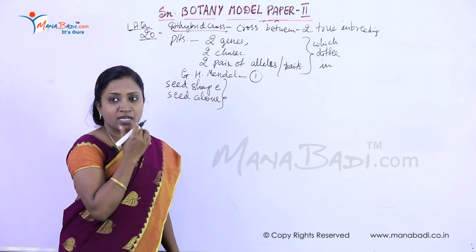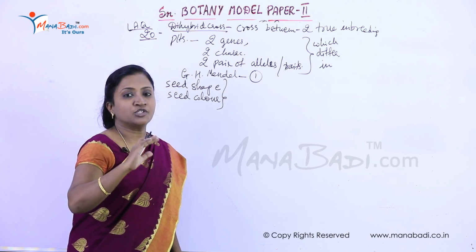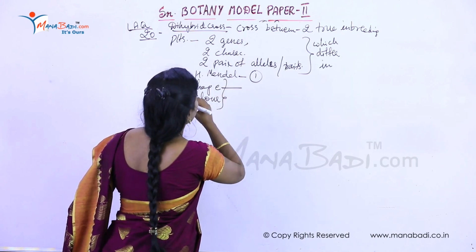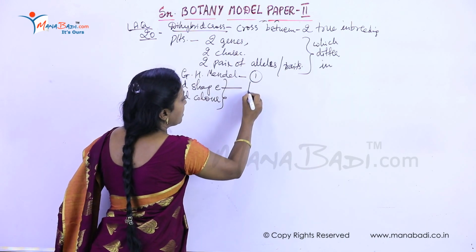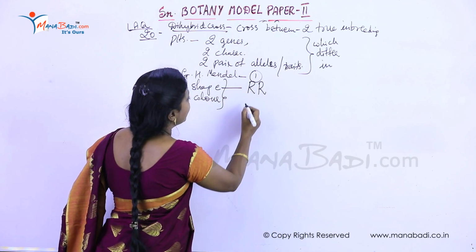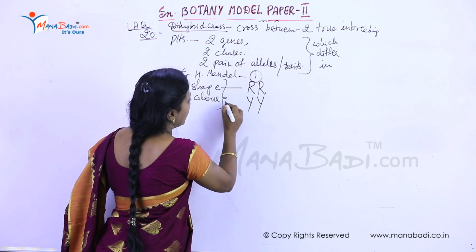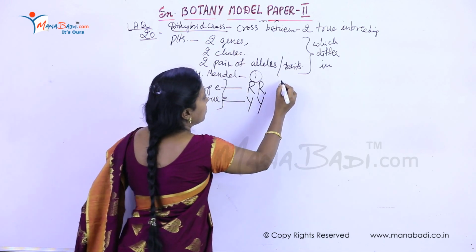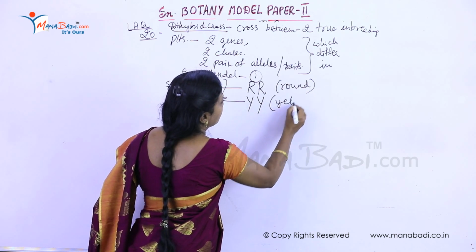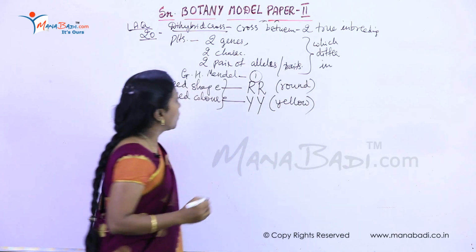Here the cross occurs between two true breeding plants, wherein the seed shape is round and the seed color is yellow.